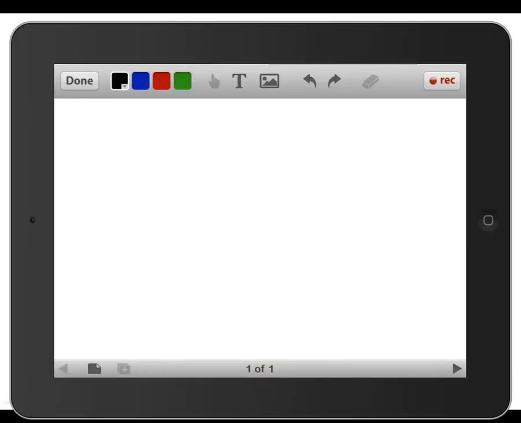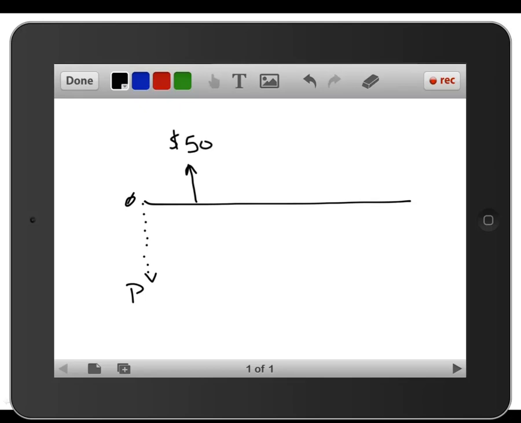So again, let's do it differently. This is time 0 for me, and this is the P value that I would like to calculate. So for the first one, this is the $50 that will be brought back 1 year to 0.